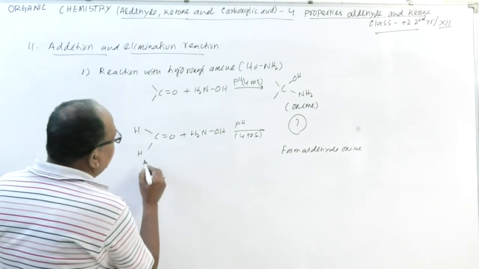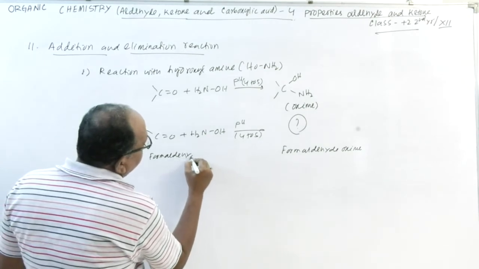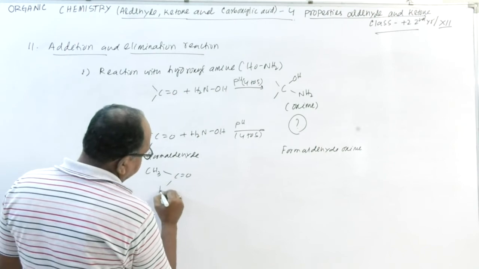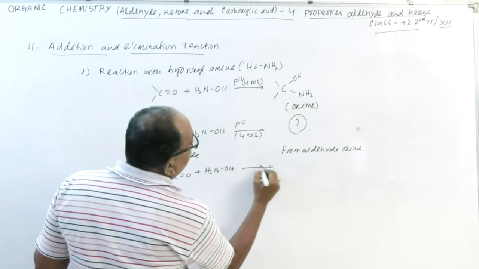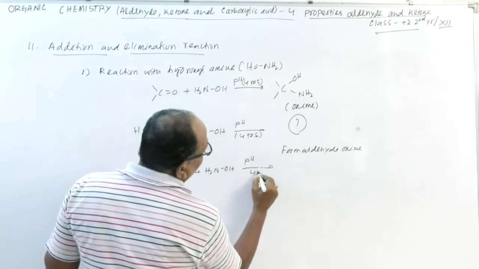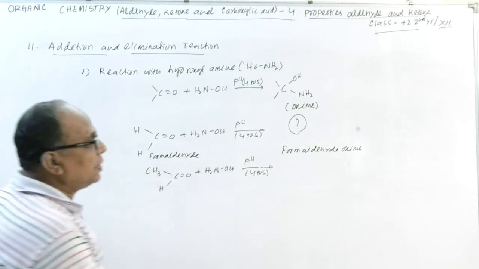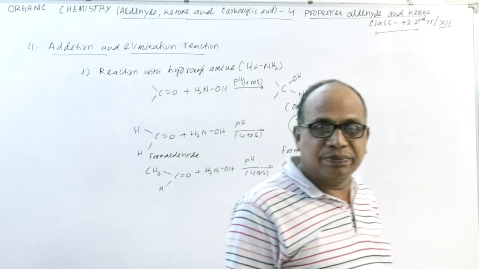Similarly, if you take acetaldehyde with hydroxylamine at pH 4 to 5, it gives acetaldehyde oxime.